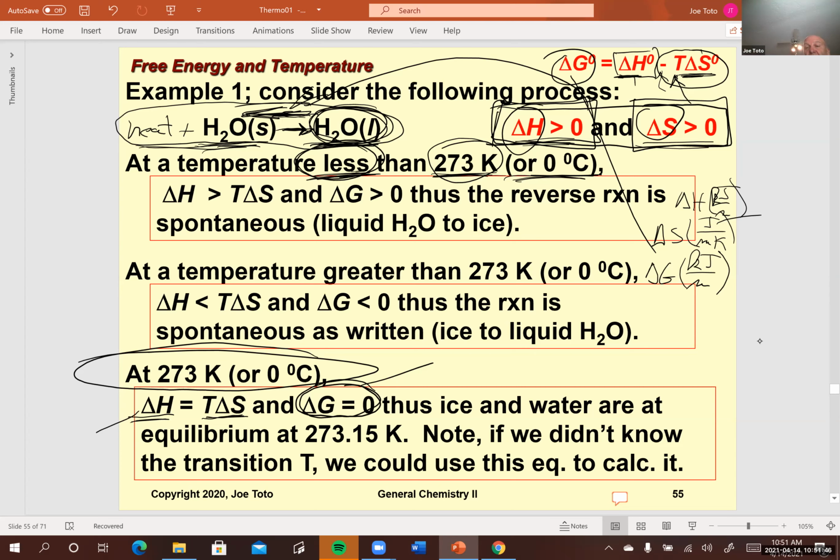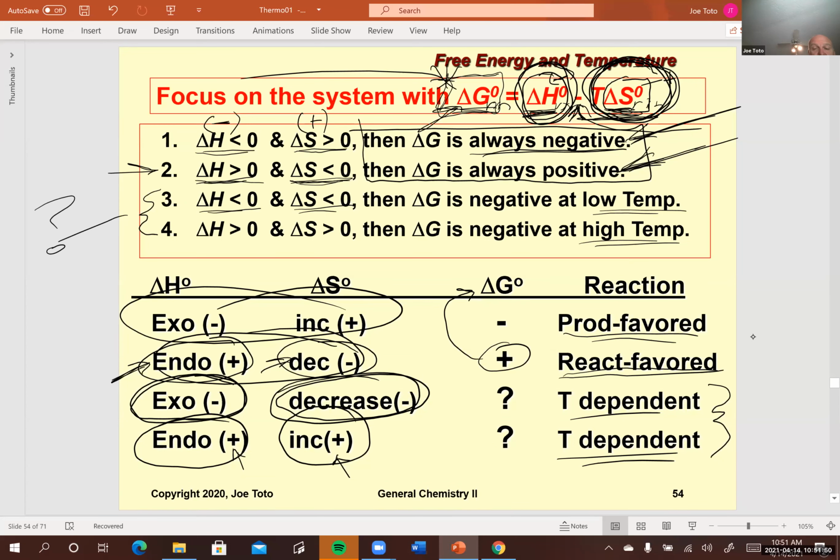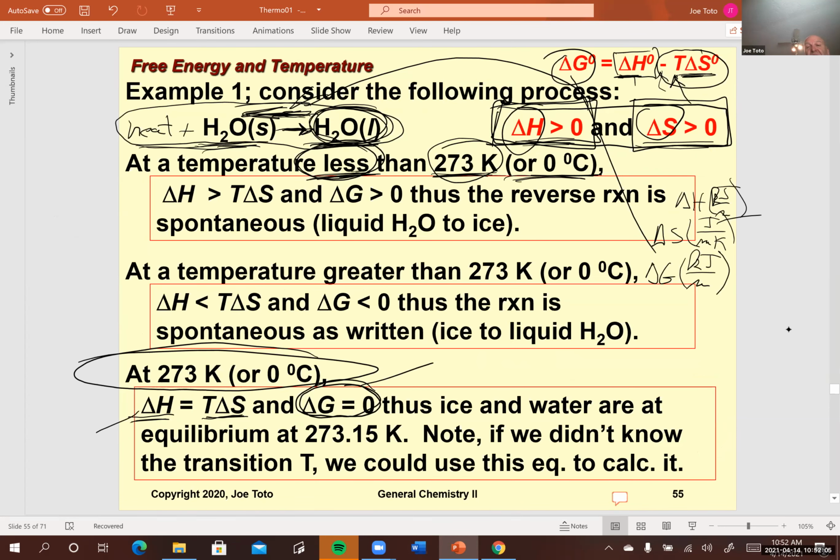And that's what we said would happen back here. When both are positive, they're temperature dependent because the magnitudes of delta S and delta H are important because they're going to fight against each other, or they got to be weighed up against each other.